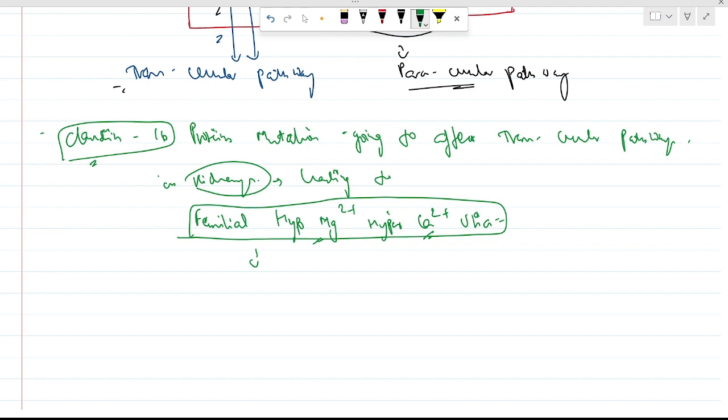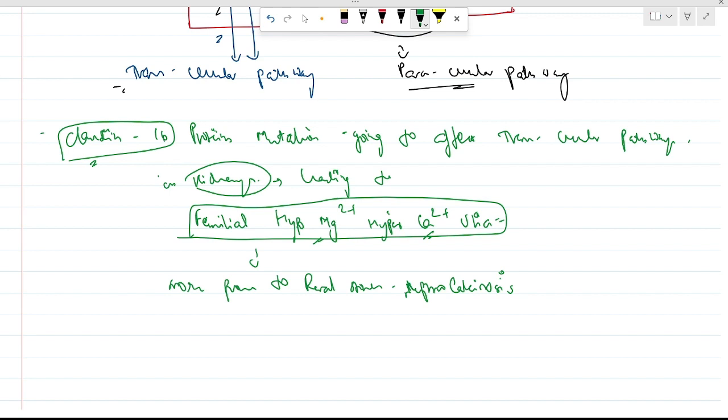As a result, these patients are more prone to renal stones. Kidney stones are generally calcium, majority calcium oxalates, called nephrocalcinosis.